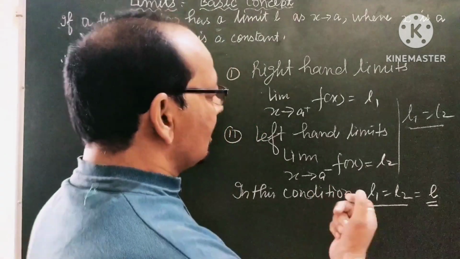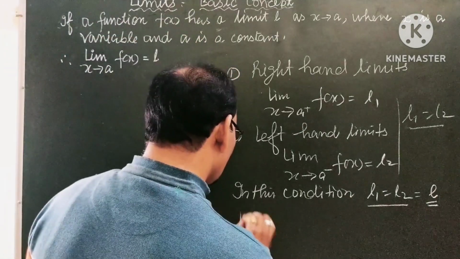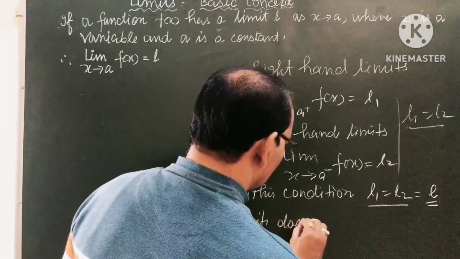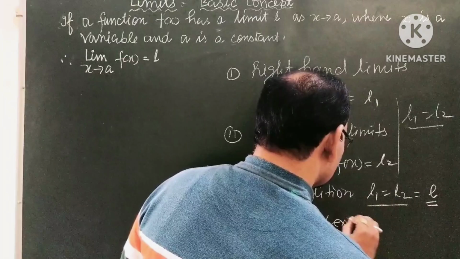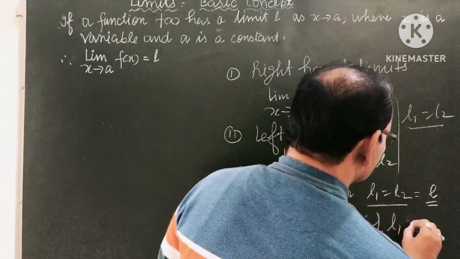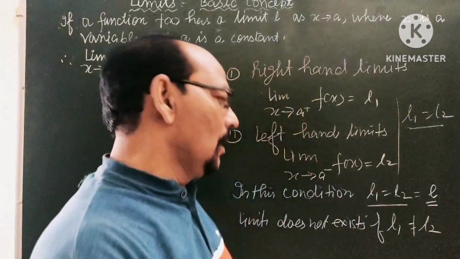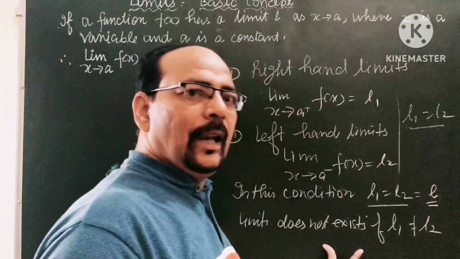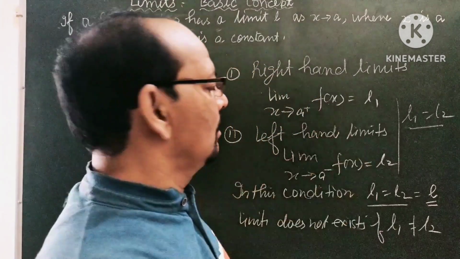And the limit does not exist if L1 and L2 are not equal. If L1 and L2 are not equal, therefore the limit does not exist. We cannot find the limit of the function f(x).